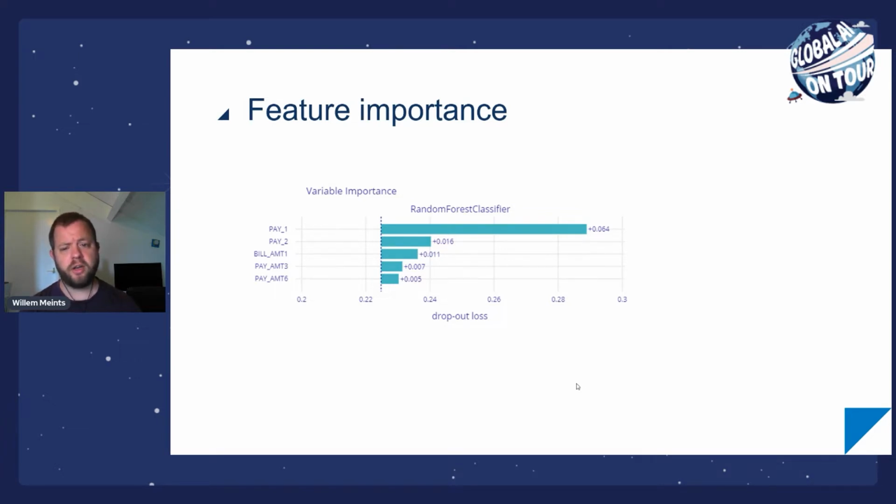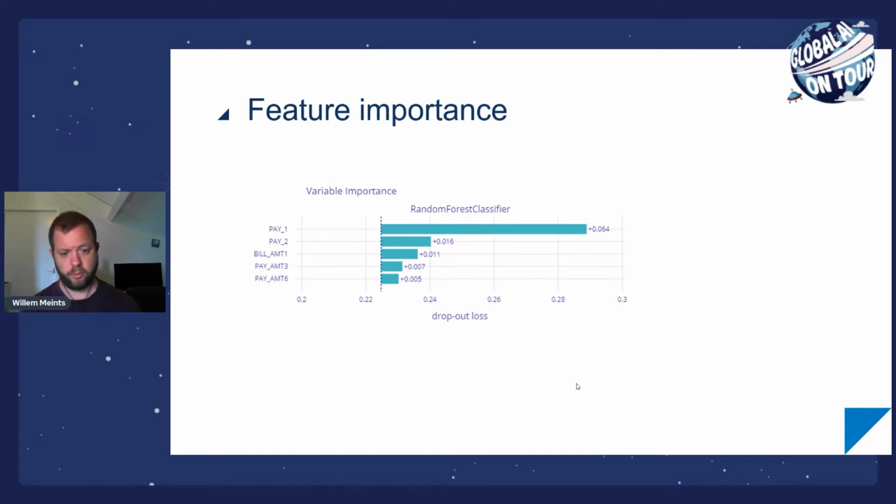How should you read this actually? Basically, what permutation feature importance is doing, it's going to grab one feature in your data set, and it's going to shuffle that feature, and then, well, it's not going to train the model, it's actually making predictions using the permuted data set, and then it's going to measure the performance of the model.